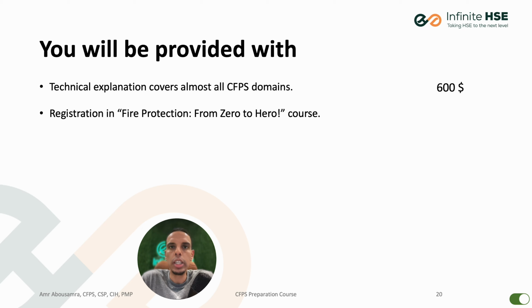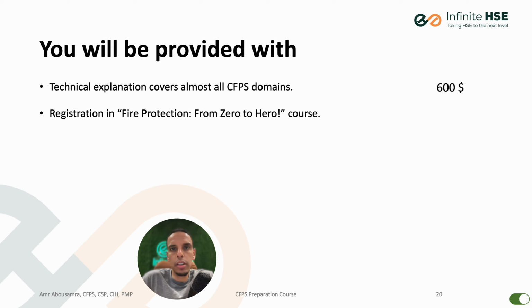This course actually provides you with the most important information in the fire protection field. Also, it will give you some deep details about the fire protection field, examples for calculating the distribution of fire extinguishers. Also, you will get some checklists.